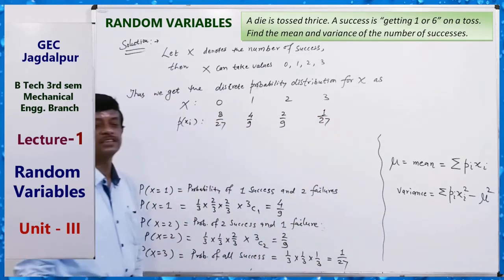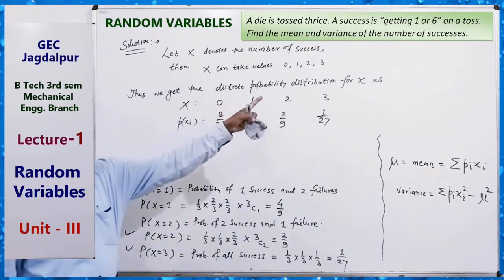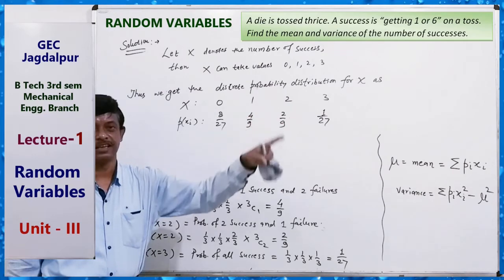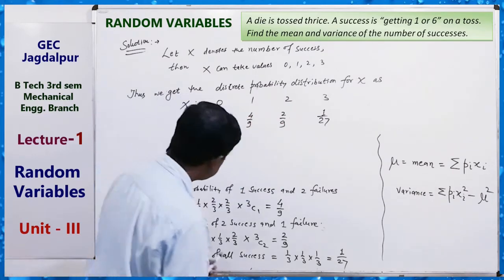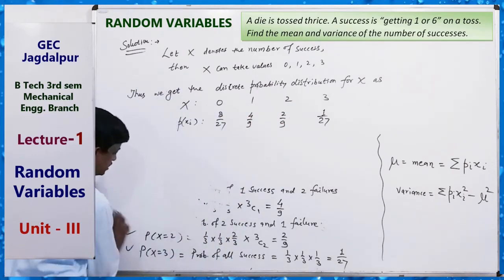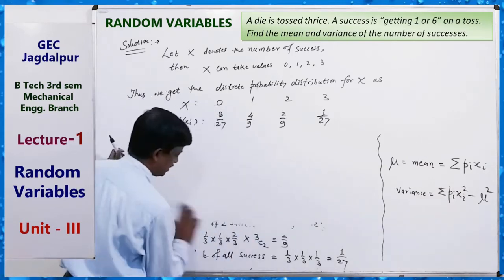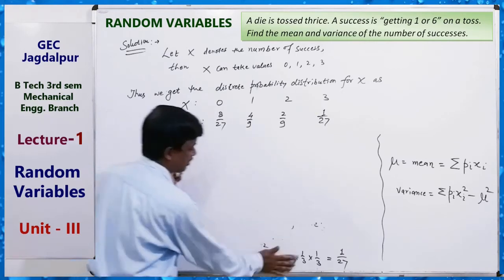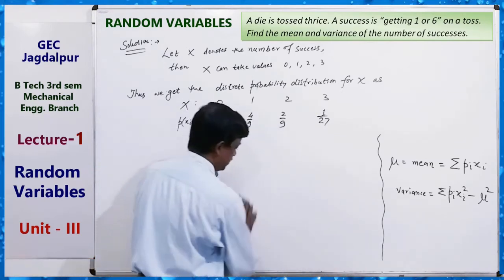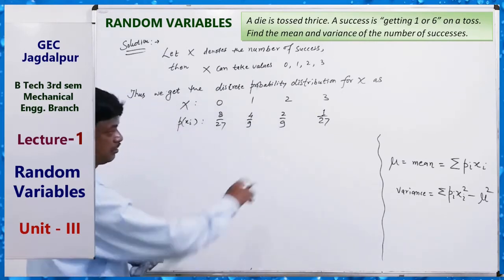This is the discrete probability distribution for the random variable x. Using it, we can get the mean and variance.